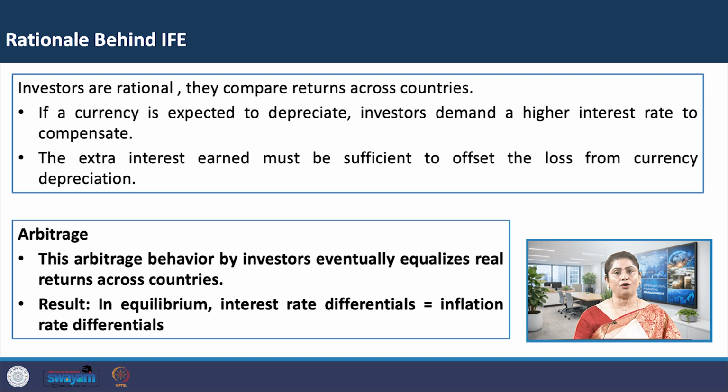If one country offers a higher interest rate but its currency is expected to depreciate by the same amount, then investors do not gain anything extra in real terms. As investors shift funds towards the country offering better opportunities, exchange rates adjust. Over time, these adjustments tend to bring real returns closer together across countries.